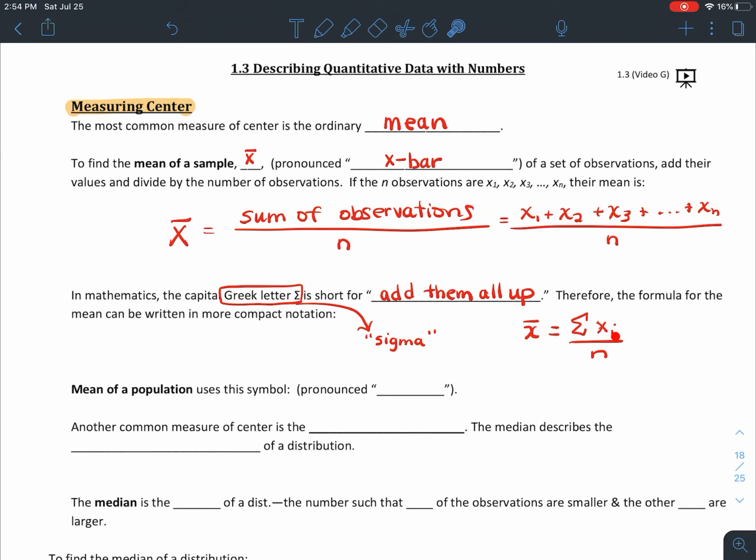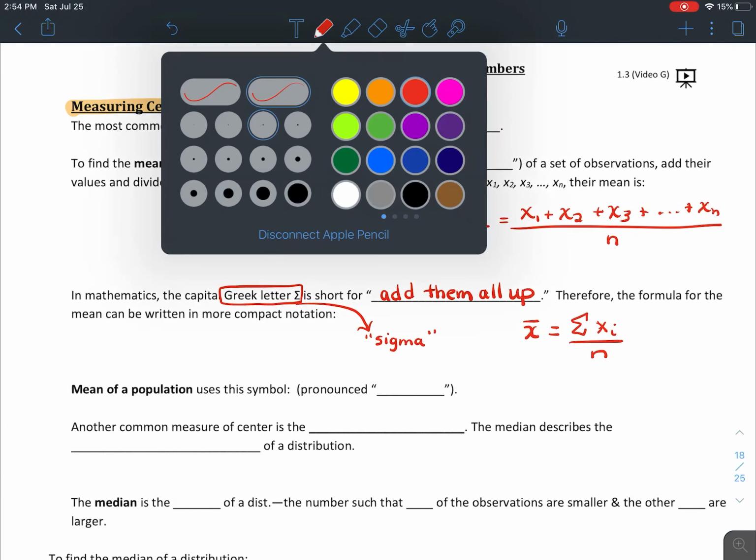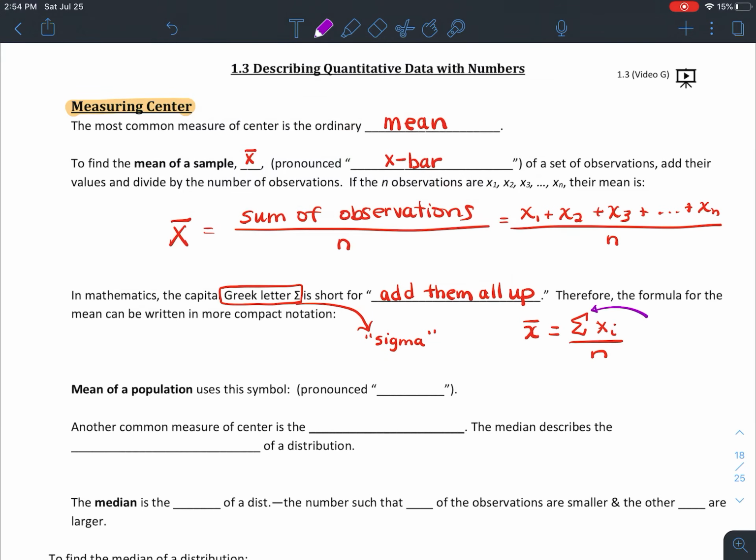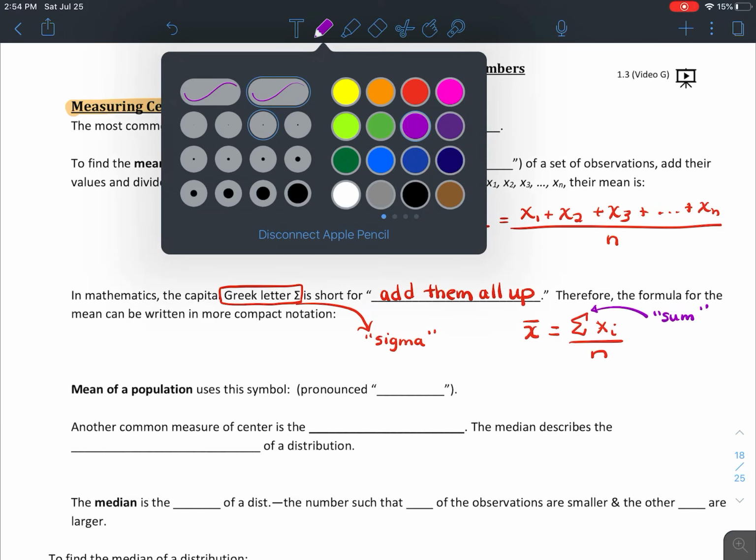So when you see this sigma symbol in front of an x sub i, it means to add up each of the individual values in the data set. Take the first observation x1 plus the second one x2, etc. And once you've summed them up, divide by the number of numbers. So that symbol simply means sum.